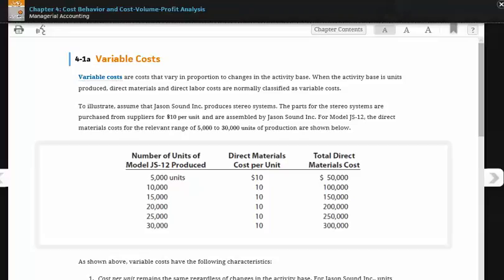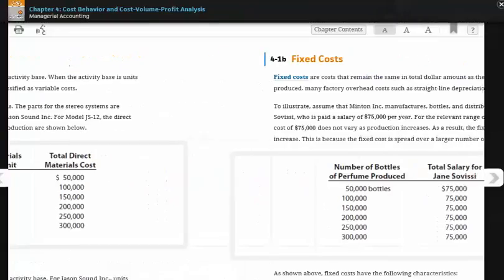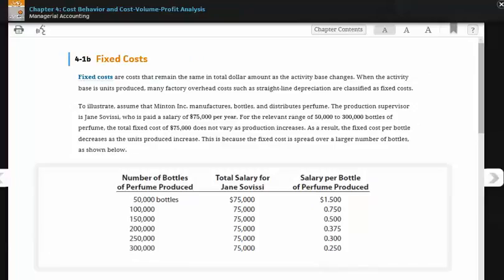Next, I'm going to cover the fixed costs. The fixed costs are a little bit different in that they remain the same regardless of the level of production. Here we can see that the salary of the supervisor is $75,000.